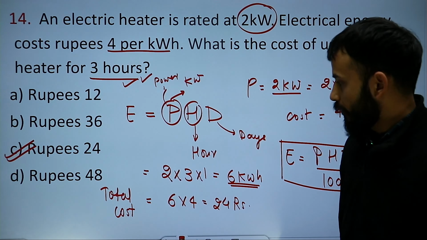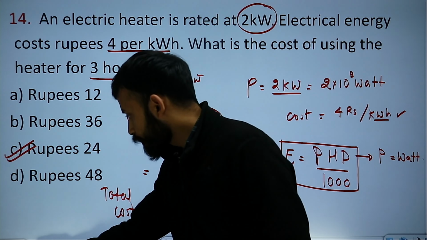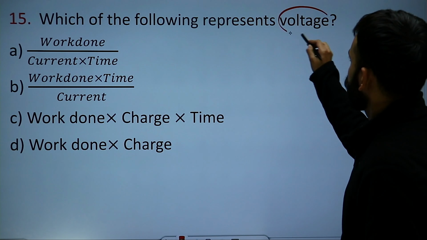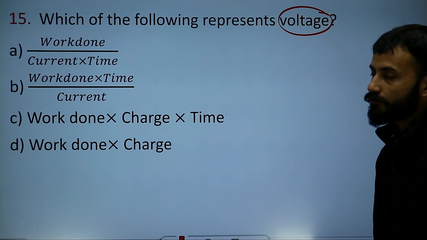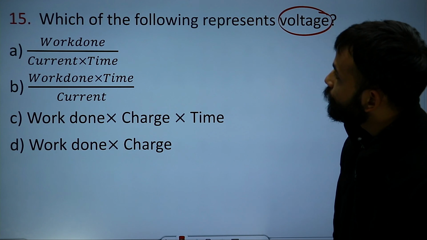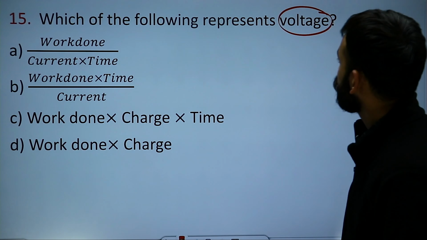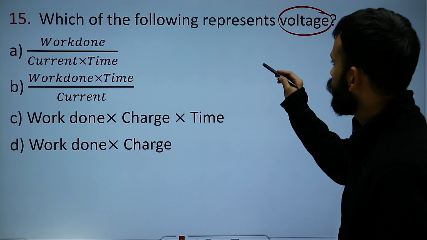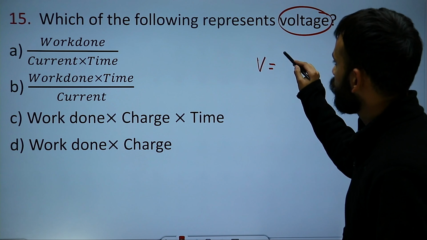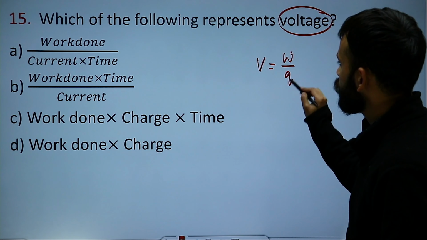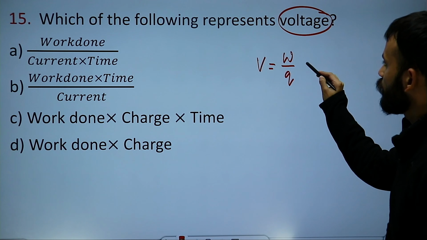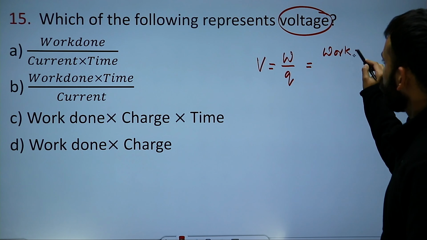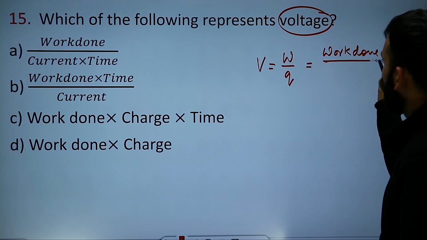Clear? Next, which of the following represents voltage? We have to find out which formula represents the voltage. We already talked about voltage as work upon charge. The first option is work done and charge.